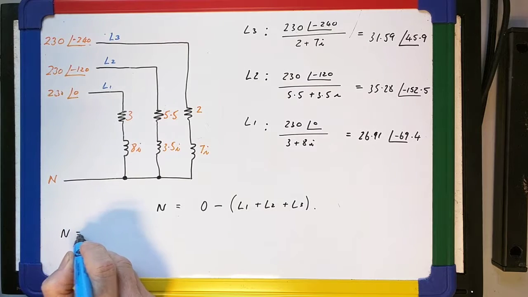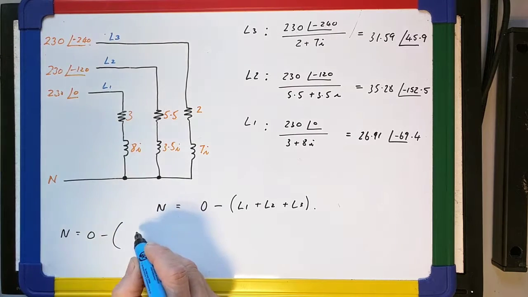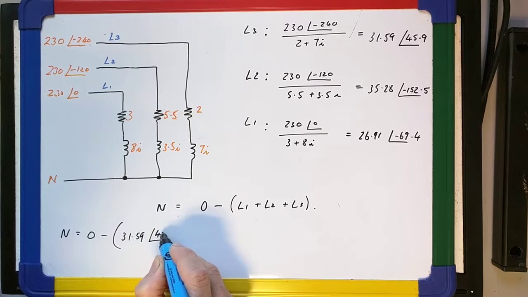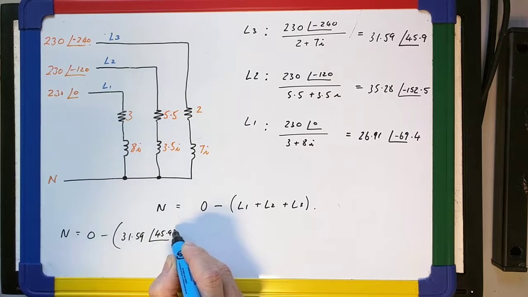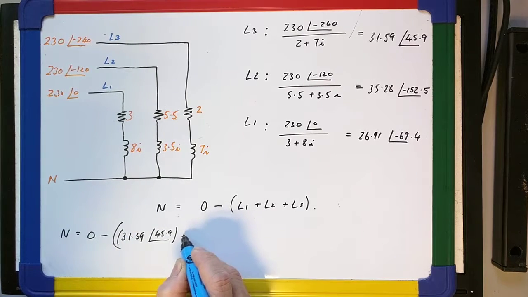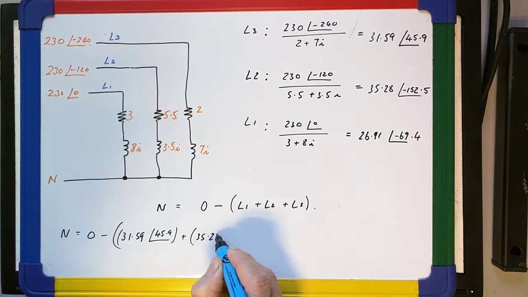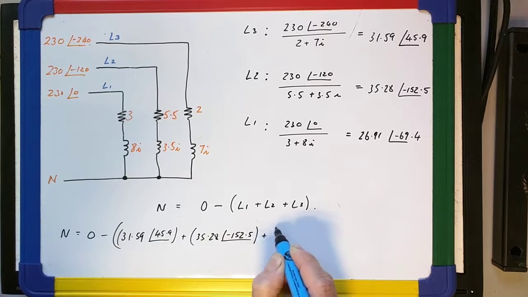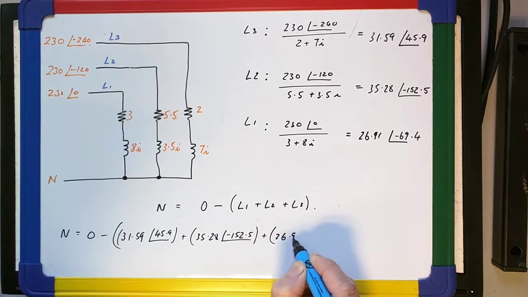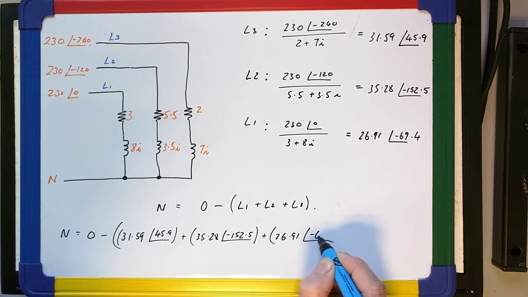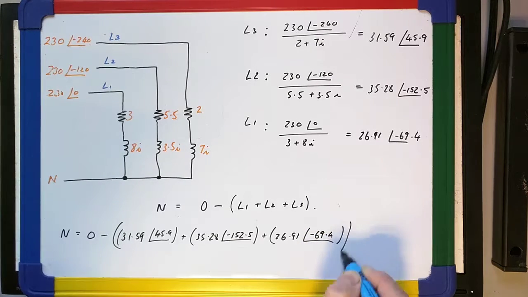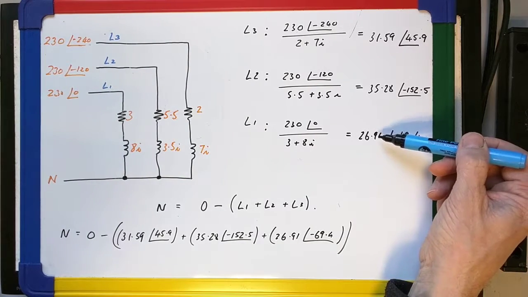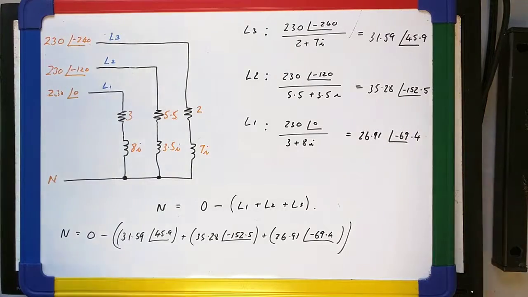So the neutral current equals 0, take away 31.59 at angle 45.9 plus 35.28 at minus 152.5 plus 26.91 at angle minus 69.4. That's going to give us our neutral current, and of course it's going to have an actual value of current, such as you would read with a meter, and an angle associated with it.